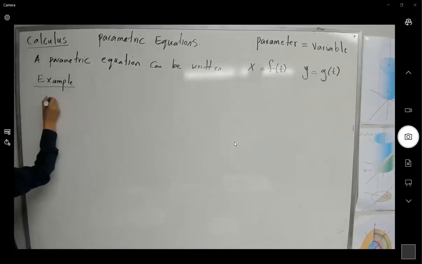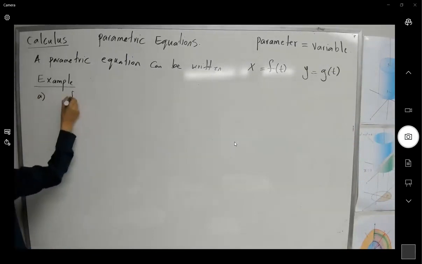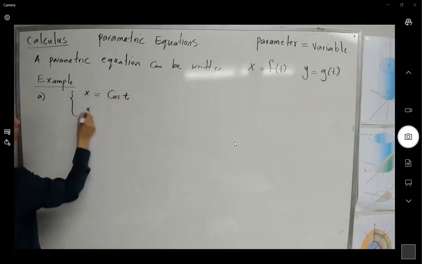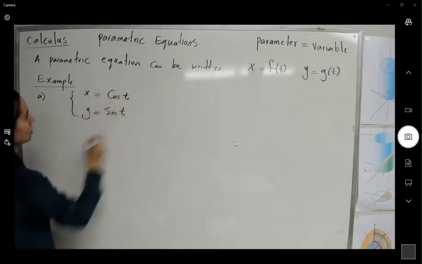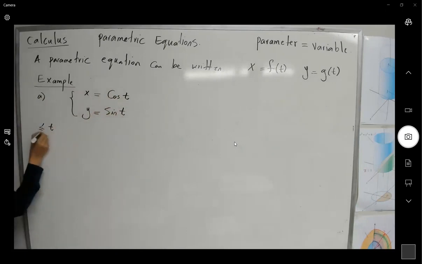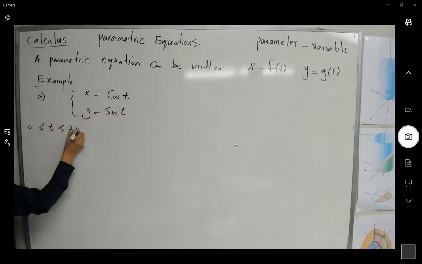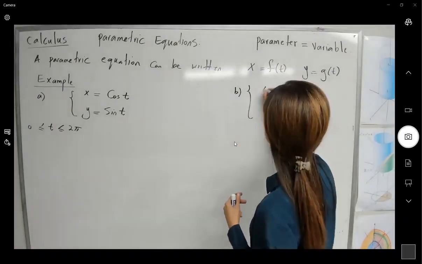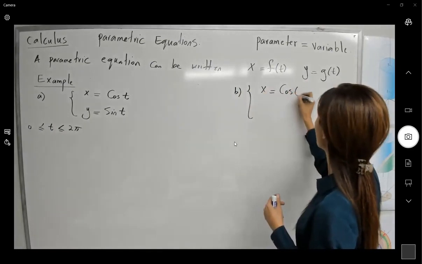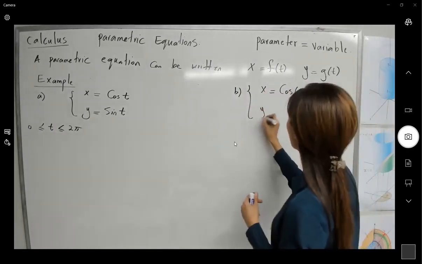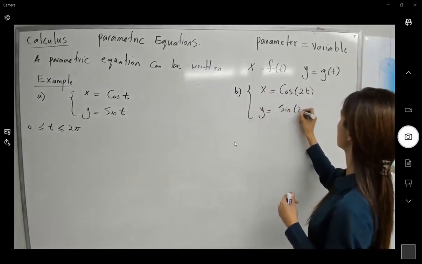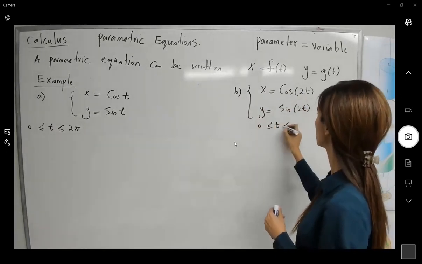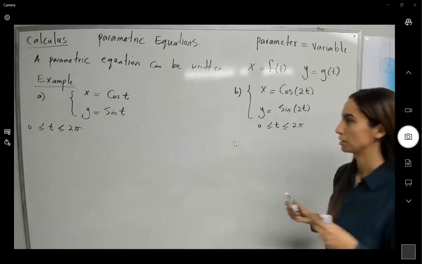Example part A: your x is cosine t, your y is sine t, and t is bounded between 0 and 2 pi. And the second one is, well, x is cosine 2t, y is sine 2t, and t is bounded between 0 and 2 pi.